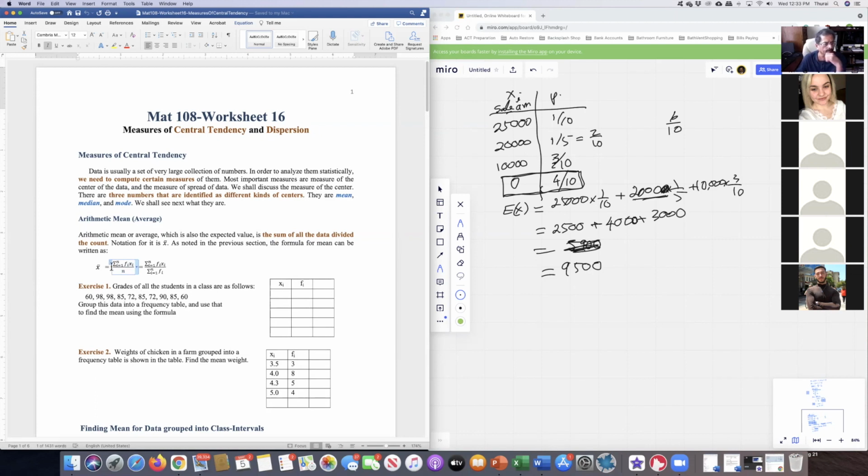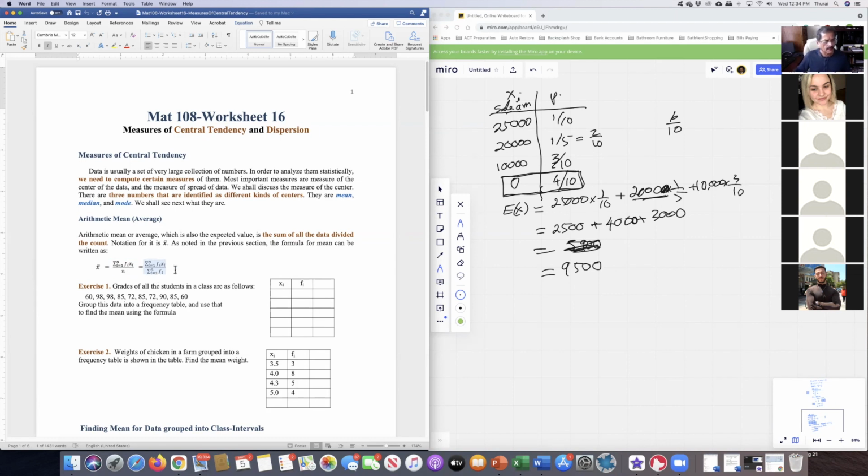So, in statistics we describe the formula for mean as either this or this. They're both the same. The numerator is the summation of the product of frequencies and the values, and the denominator is the sum of the frequencies.